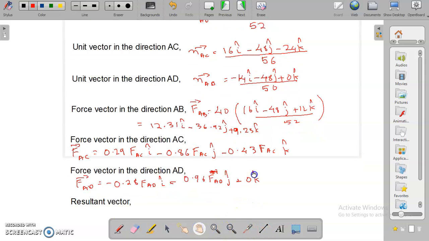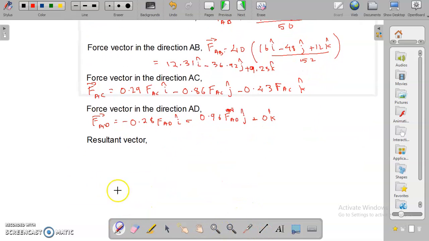Now you have to add these to get the resultant vector. So the resultant vector will be equal to vector F_AB plus vector F_AC plus vector F_AD, and we are adding the corresponding terms of i's, j's and k's.